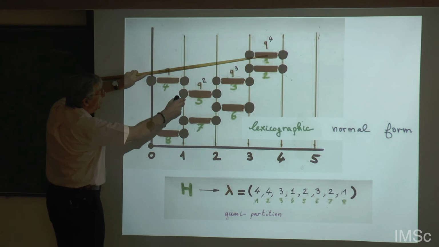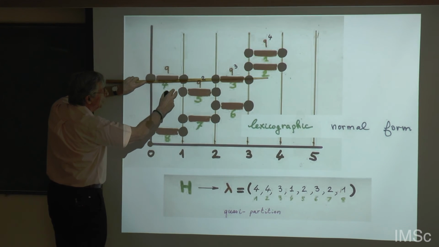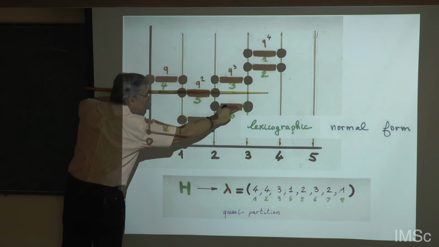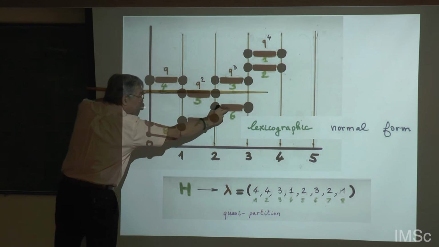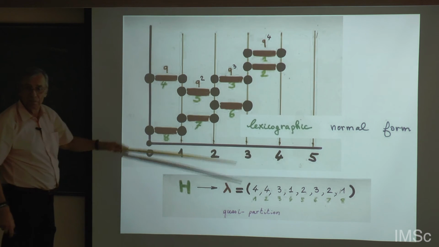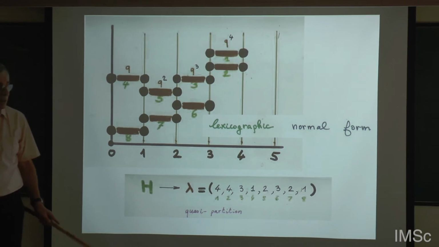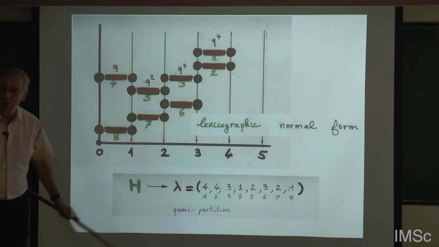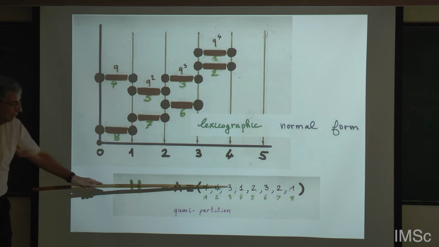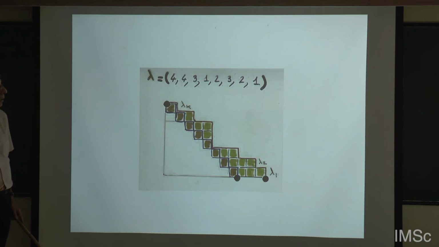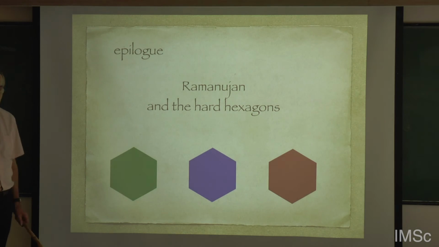Because suppose the next maximal piece was this, then you should have taken this one before this one. So deleting each time the rightmost maximal piece gives you this condition that at most the next one will increase at most by 1. So this gives a quasi-partition, and this gives a proof of George Andrews' theorem.